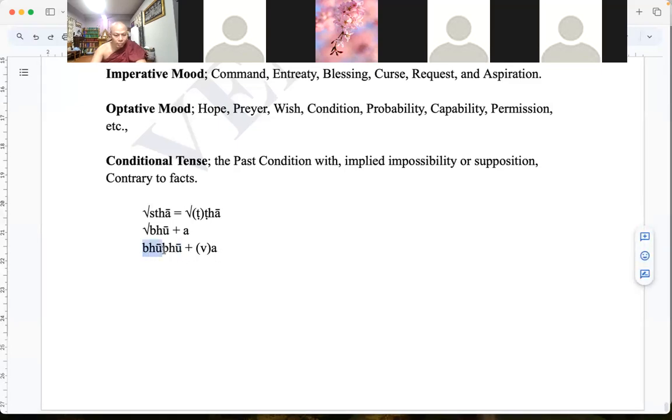And then the past boo changes in this way: to ba, and then u also becomes a. So in this way, ba boo wa. But it is rarely used in Pali, quite rare. That is Baraka.